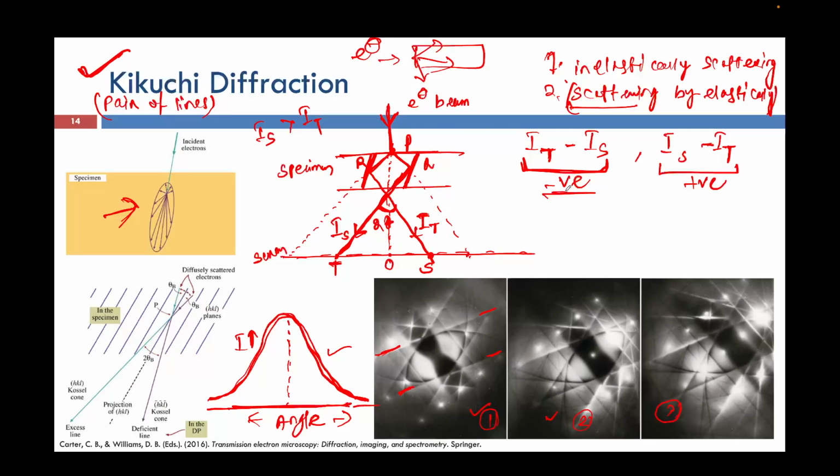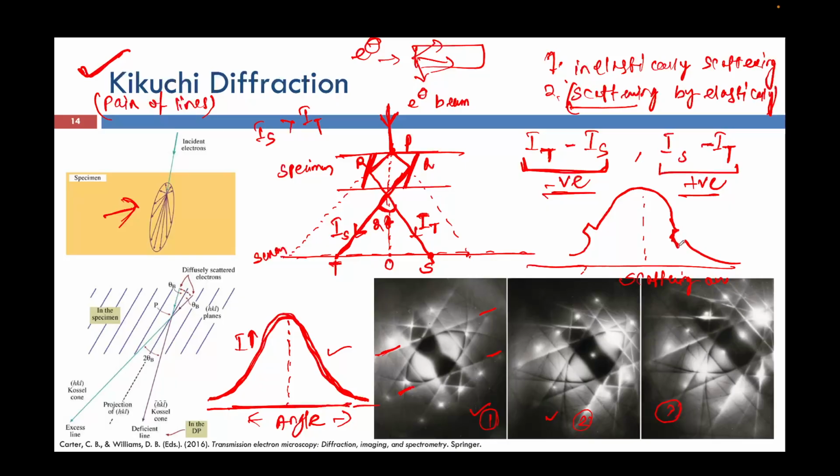Since this will be a negative quantity and this will be a positive quantity, this curve which was supposed to come like this after inelastic scattering, this is the scattering angle, will become like this.